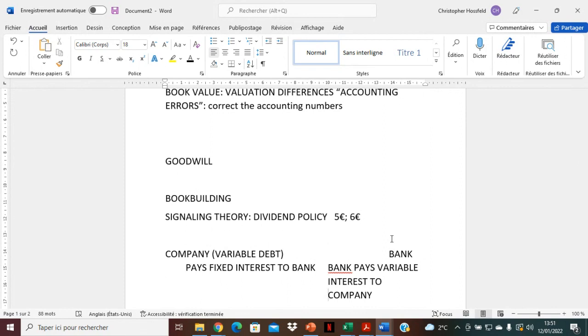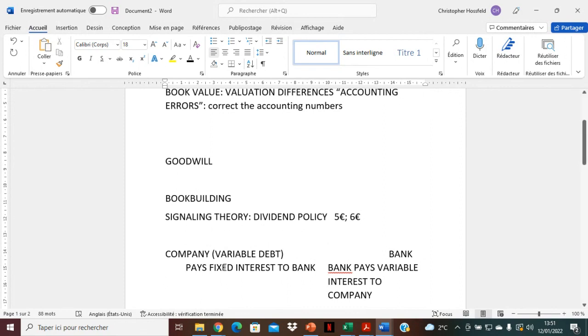And that means now I am immune to any change in interest rates, in particular, of course, to an increase in interest rates. Because if interest rates in the markets increase, I will receive more payments from the bank, and I will transfer those higher payments that I receive from the bank to the market. On the other hand, if interest rates decrease, I will receive less from the bank.